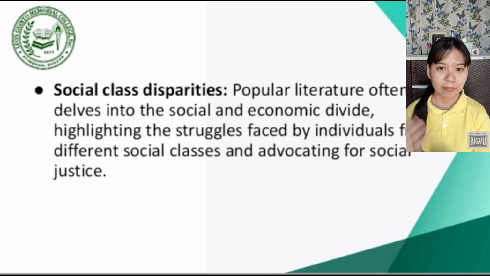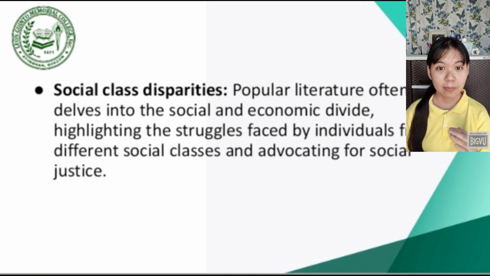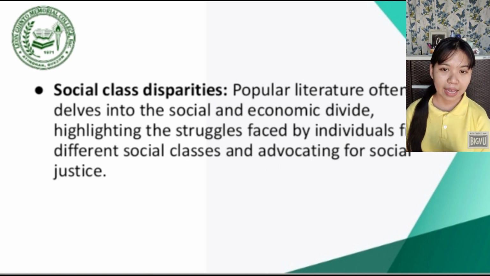Here, it depicts the social injustices and inequalities prevalent during the Spanish colonial period, right? And the lower classes, the people there, became workers, or let's say they were obedient to the Spanish people.